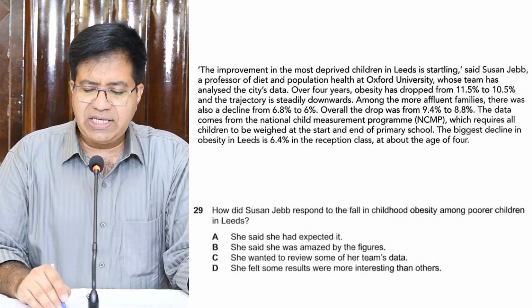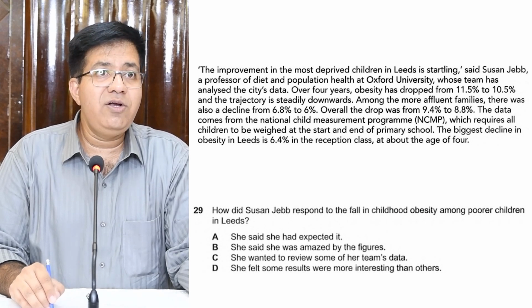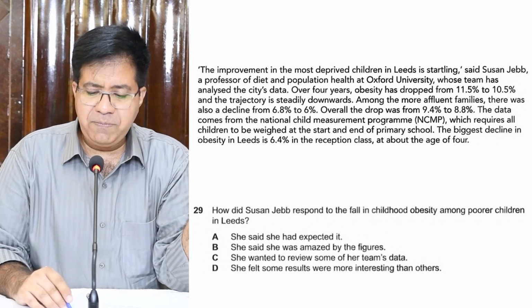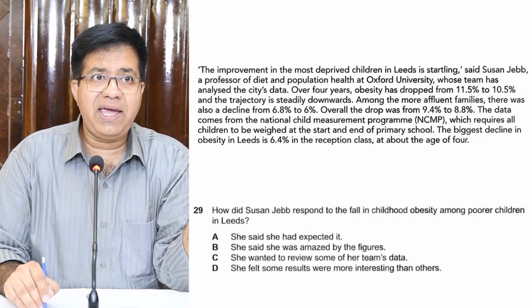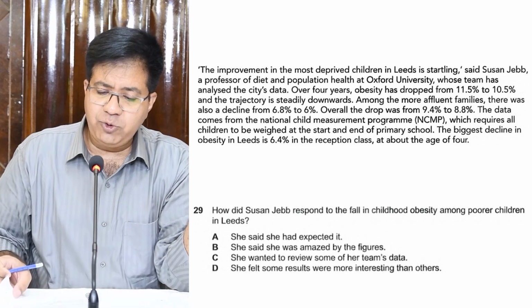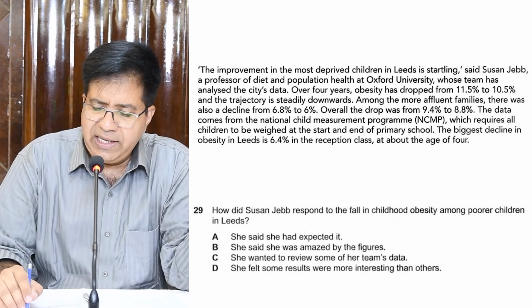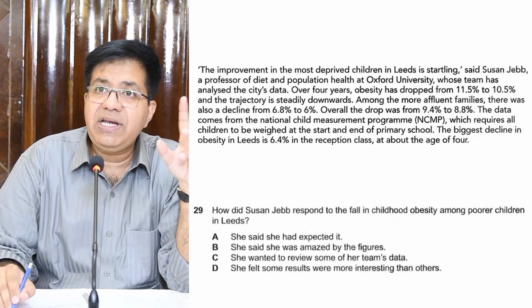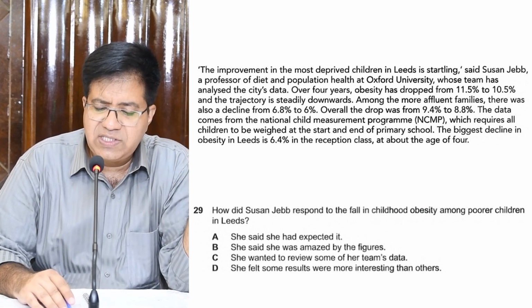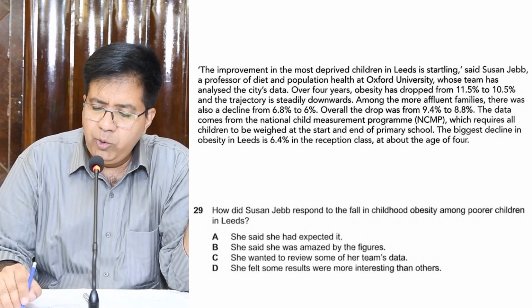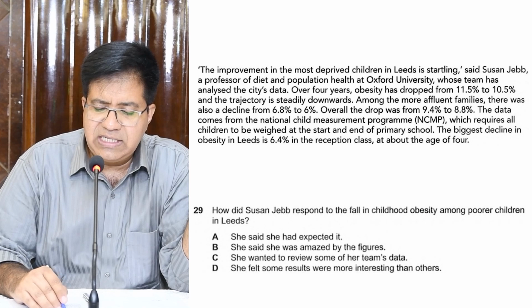Option A, she said she had expected it. No, she said it was startling. Option B, she said she was amazed by the figures. And if you read on, you will find figures. Let's read on. Startling, said Susan Jebb. I'm reading second paragraph, second line. A professor of diet and population health at Oxford University, whose team has analyzed the city's data.